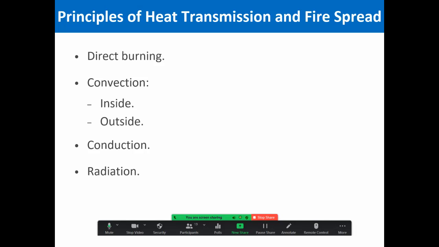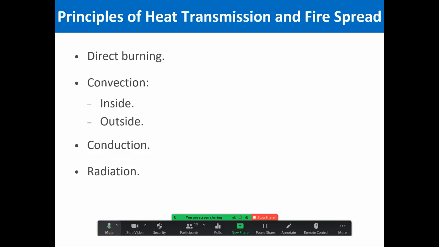Hot air is lighter than cold air, so the hot air rises to the top floor and takes the heat with it. That heat later on, if there's any fuel available, will cause a fire there as well.